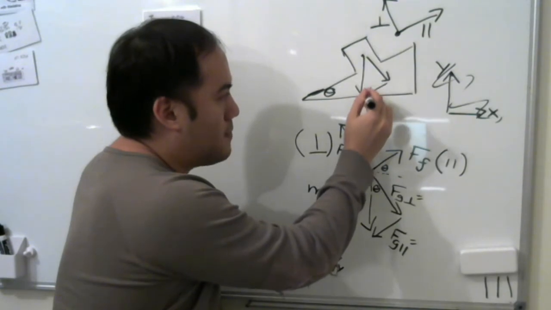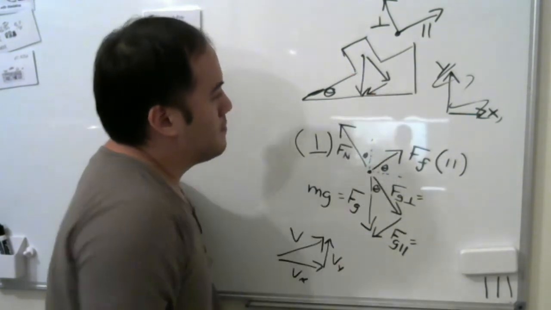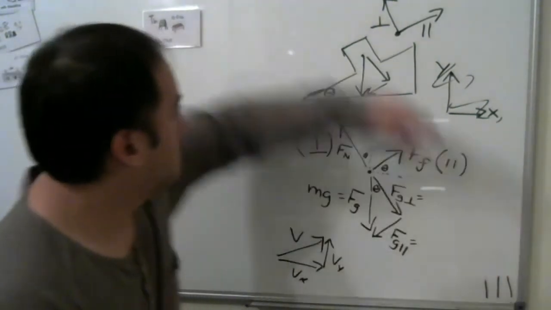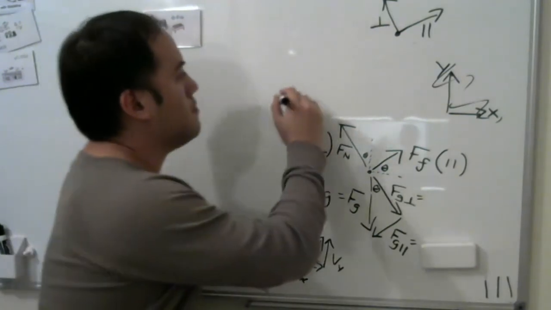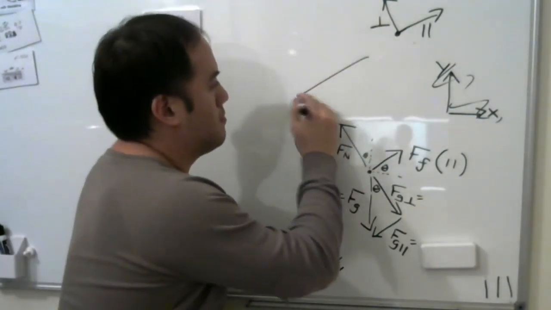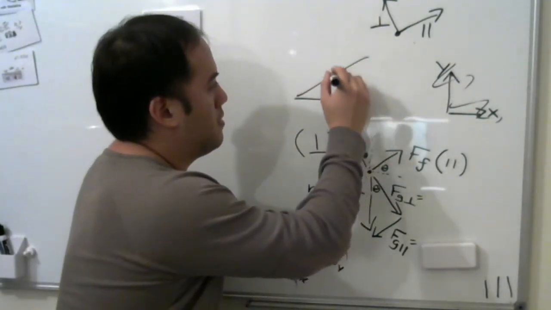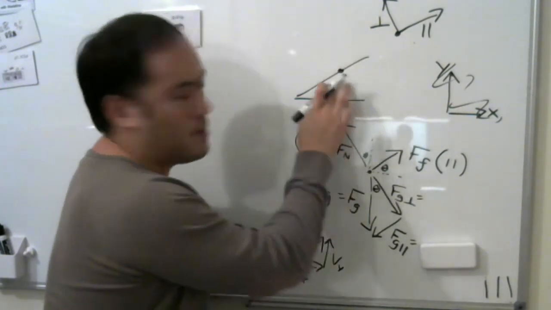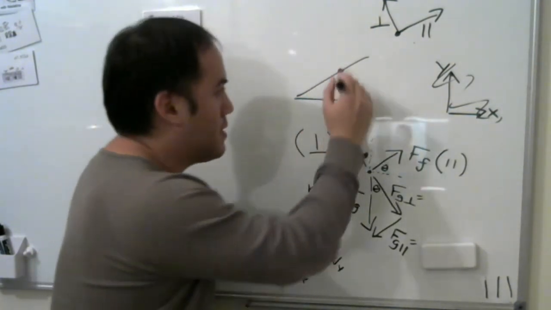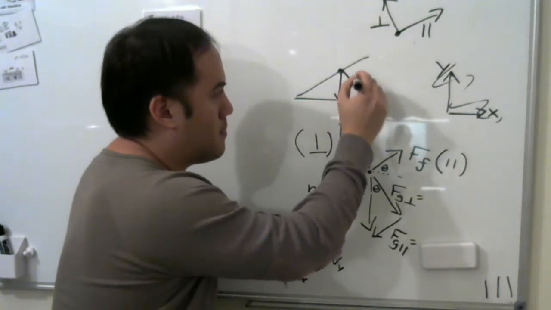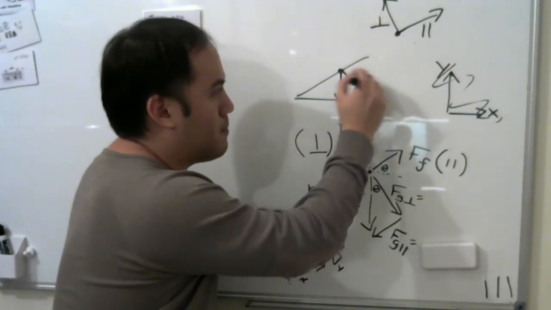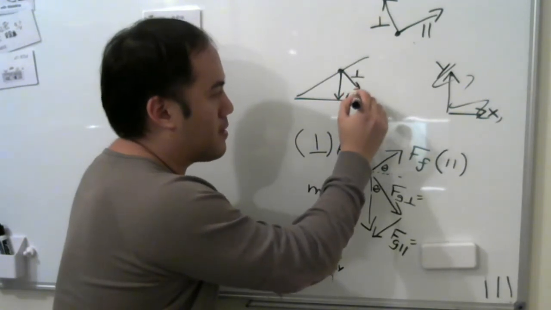This is parallel. I messed up the drawing. That's where the block is. Here's FG. Here's the perpendicular component. Here's the parallel component.